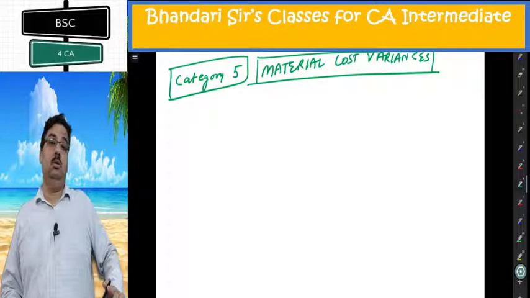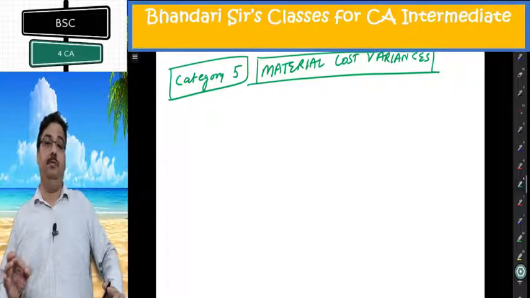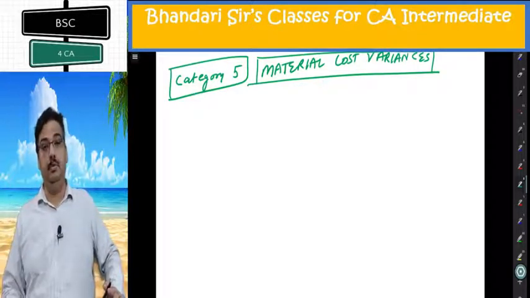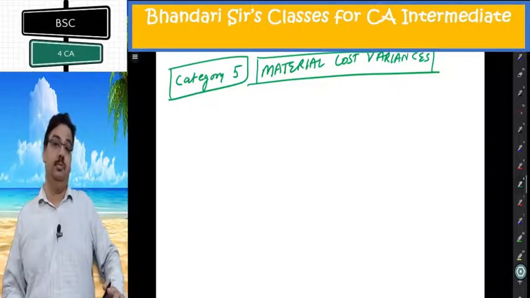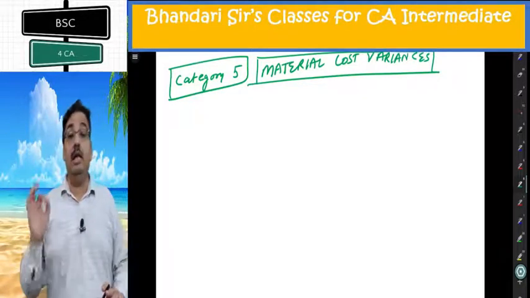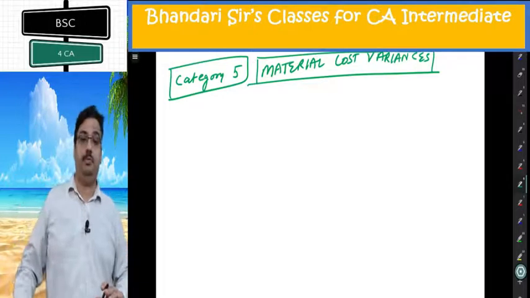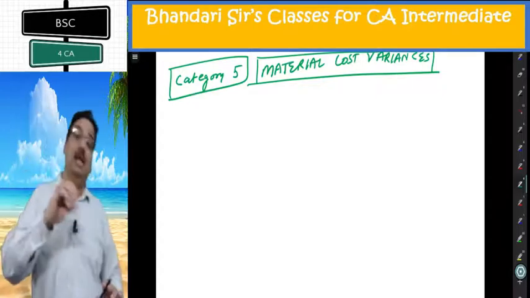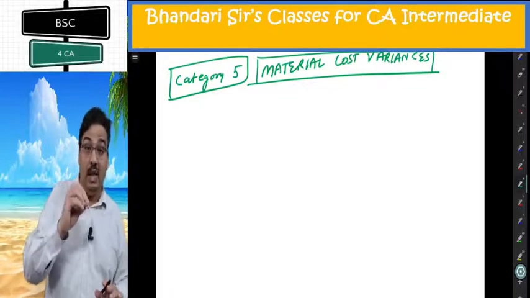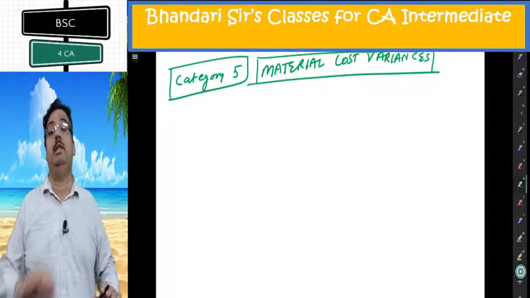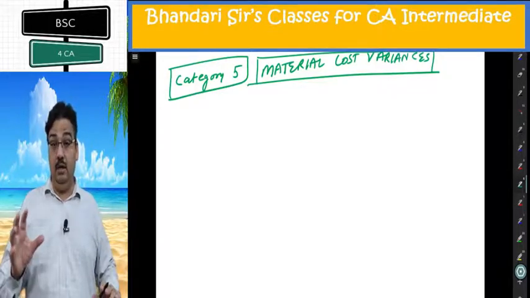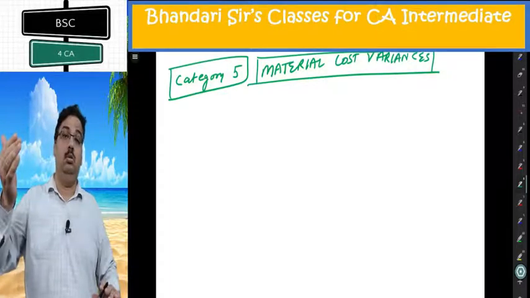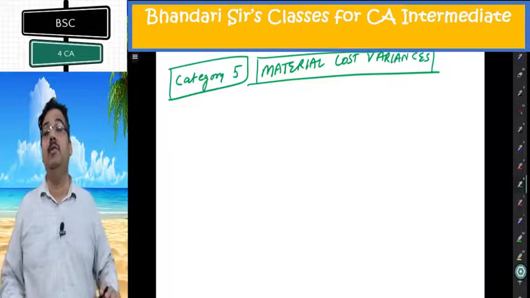Remember, there is a lot of importance given to yield in the production department. In material also, in labor also. In material, it is material consumed per unit of output. It may be due to losses being more, losses being less, whatever. If losses are less, output will be more, then certainly positive material yield variance.